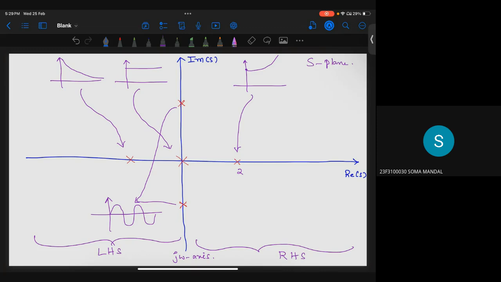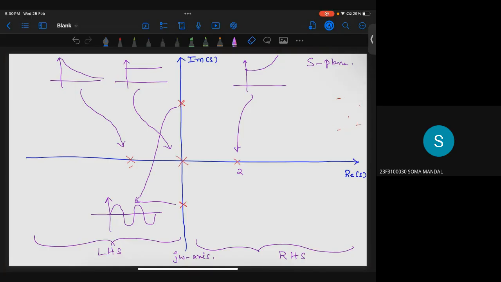What is the pole? Minus 2. What is g of t? g of t is e power minus 2t. That will be this one.